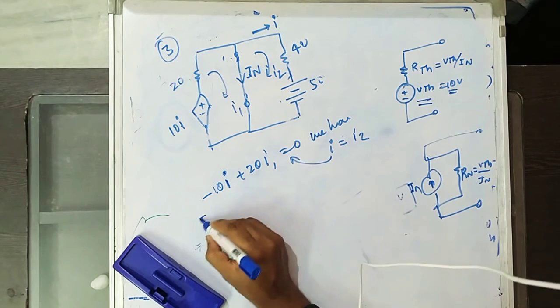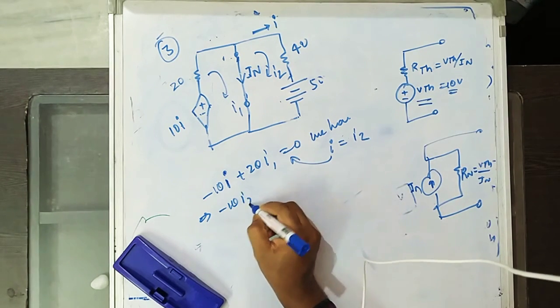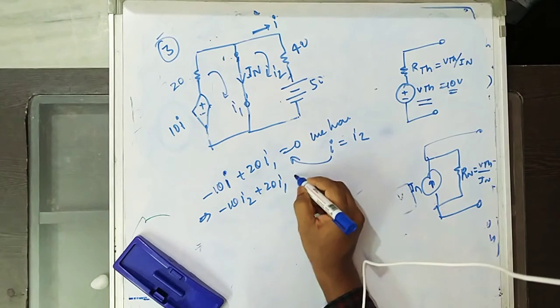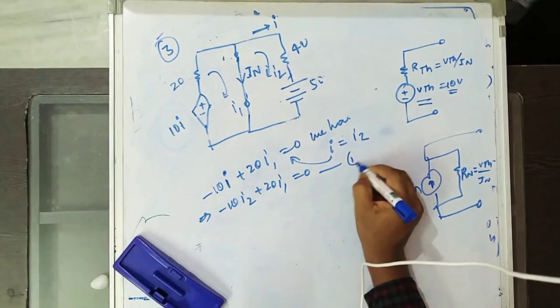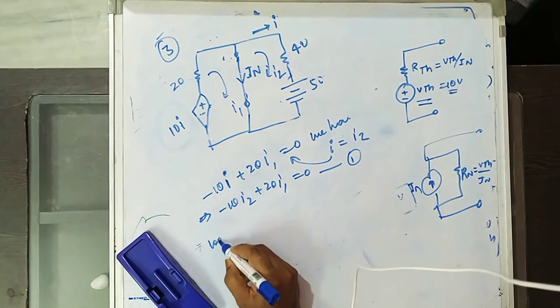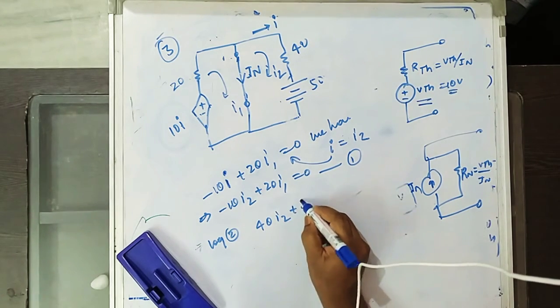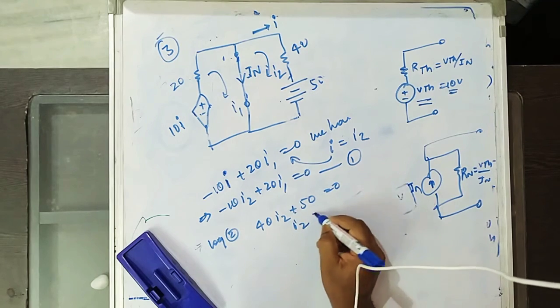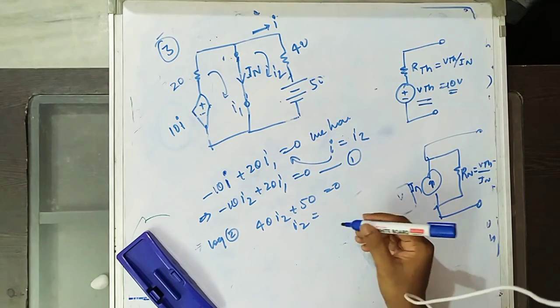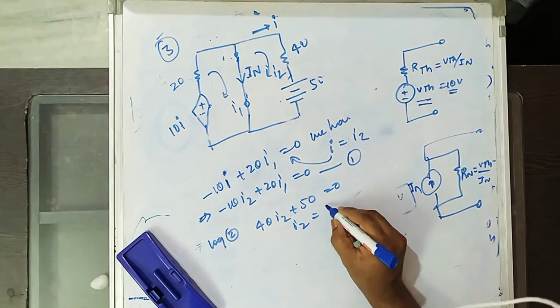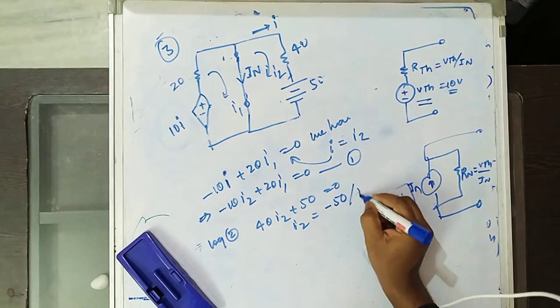Substitute here: minus 10I2 plus 20I1 equal to 0. This is loop 1. From loop 2, you have 40I2 plus 50 equal to 0, so I2 equals minus 50 by 40.